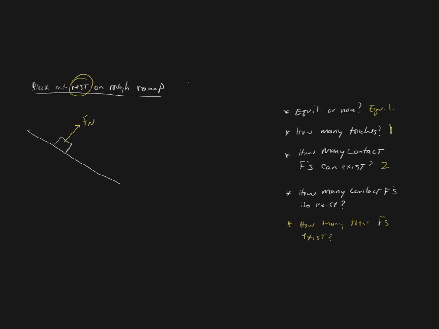Now, friction, remember, it's a reactionary force, so it exists when another force exists parallel to it. In this case, we have our non-contact force of gravity, which is pointing straight down.